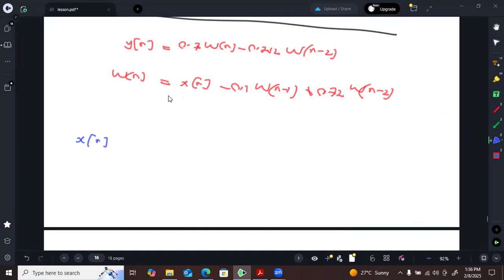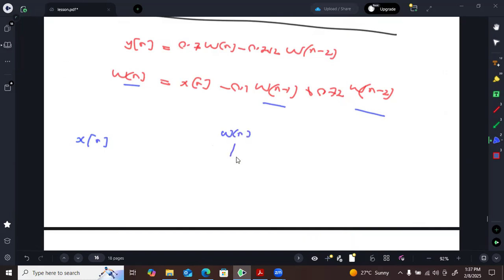In other words, what do you need to implement it? You need wn minus 1, wn minus 2, and actually wn. So the intermediate variable I have is wn.